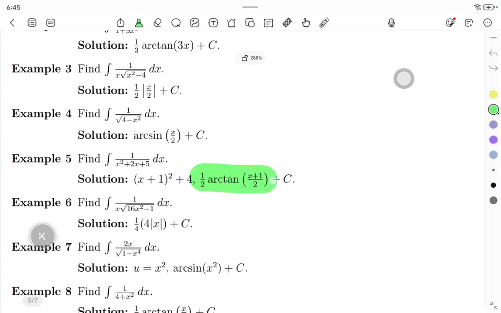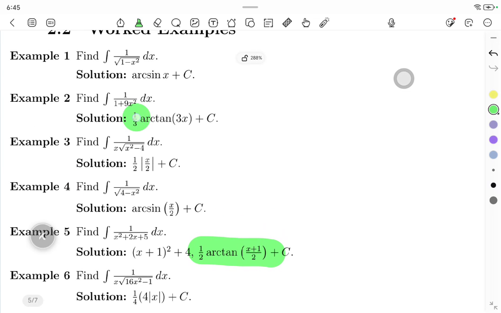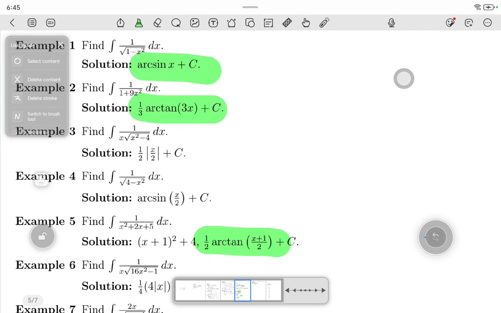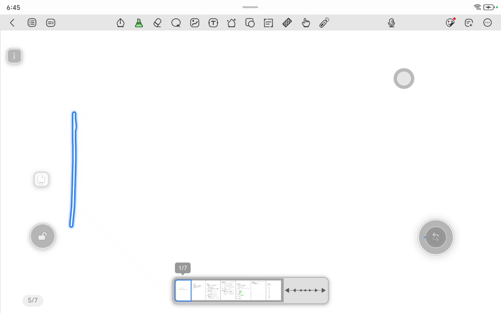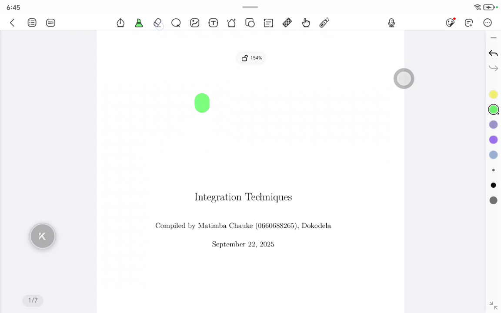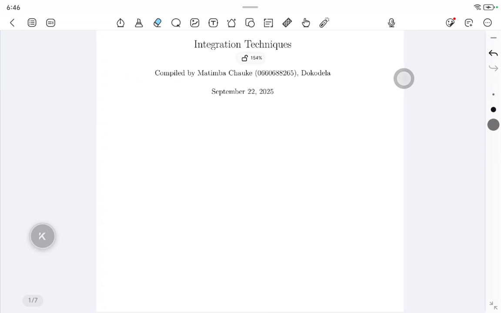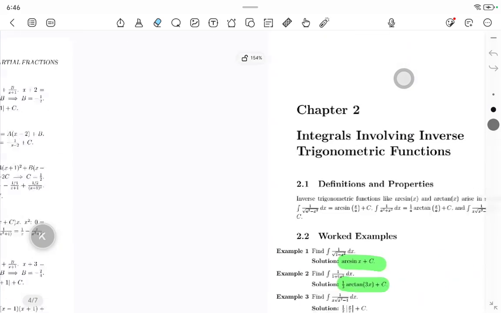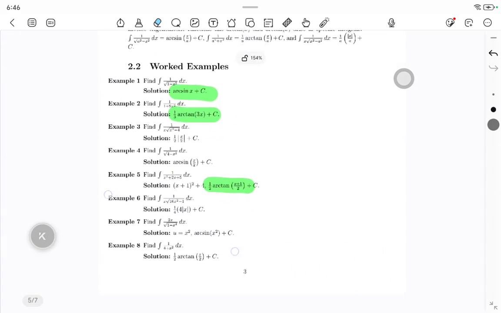It's this, right? So let me just highlight all that we have done, since now we're only doing the ones of the tan. Yeah, I'm just going to highlight these ones.